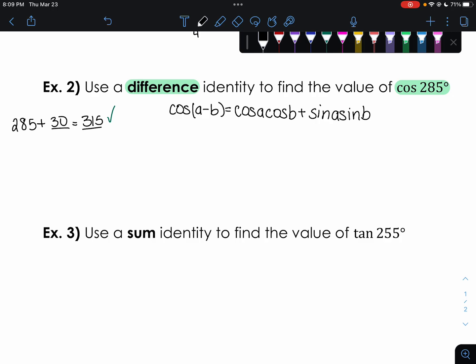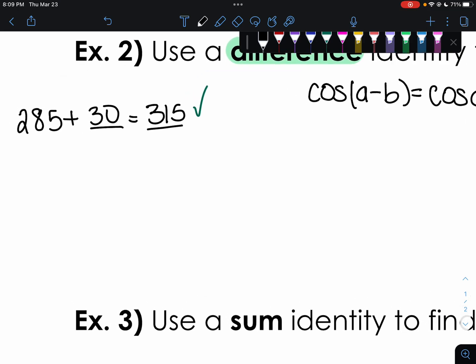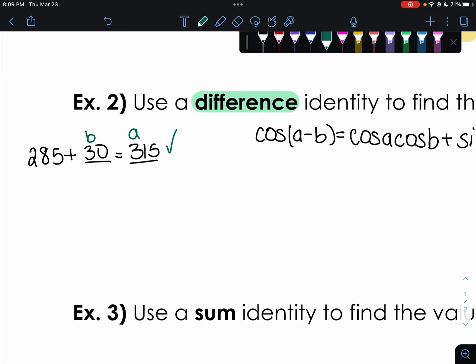Because this is a difference identity, that means that our bigger angle needs to be A, because that is how we get 285. If I let my smaller angle be A, it's going to give me a negative 285, which is not the angle we are finding. So that would be improper math. So bigger angle is A for the difference identity.